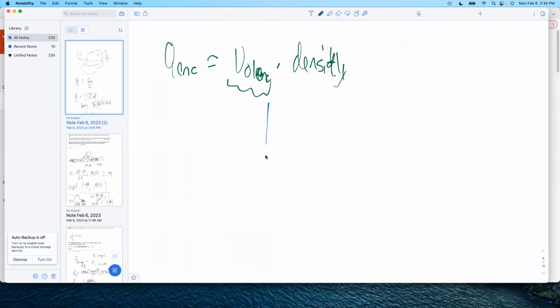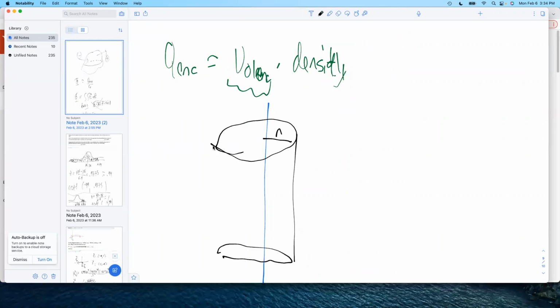I had this line of charge here. Here was my Gaussian surface, some distance r away. This was a length L. How much charge did I actually capture? What is the charge that lives inside there? It's only this charge right here. That's what's enclosed.